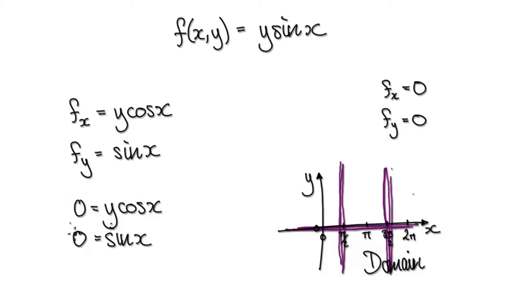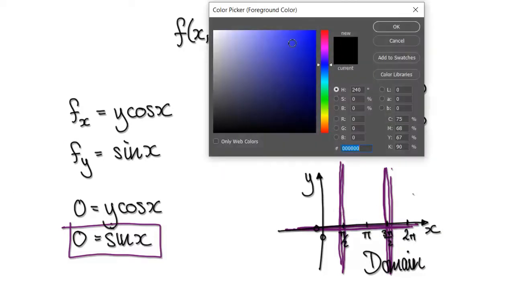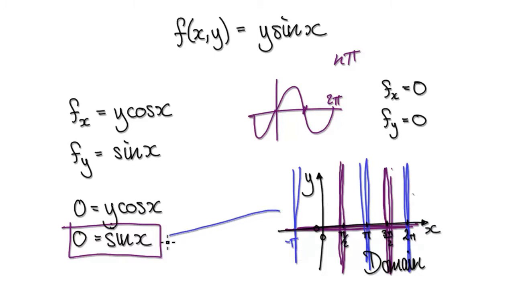Now looking at this equation here, sine looks like this. Anytime it's at 2 pi, negative pi, and so on, basically multiples of pi. Let me choose a different color. Let's choose blue. Anytime you're on this vertical line here, and this vertical line here at negative pi, you will satisfy the second one.